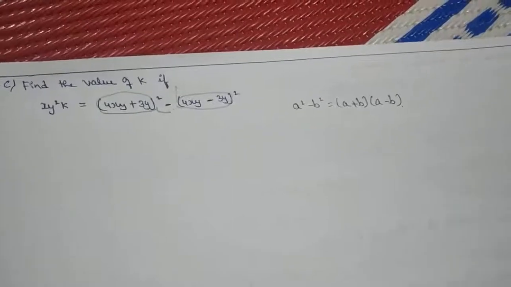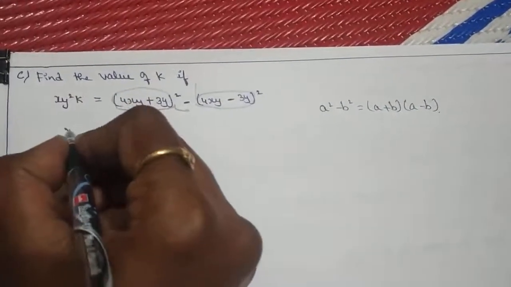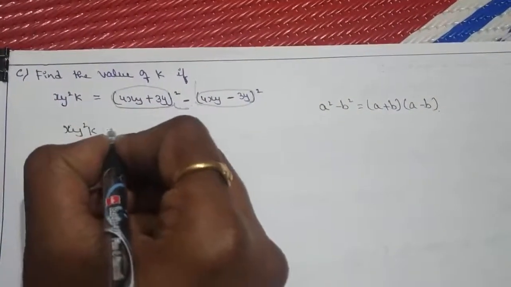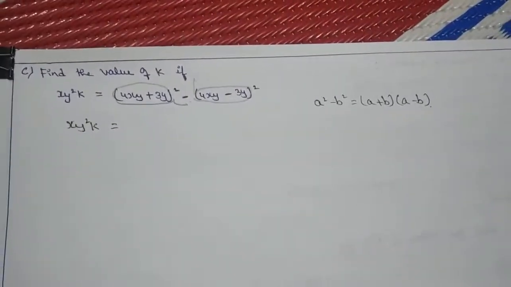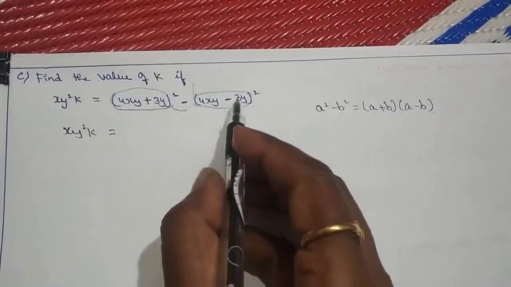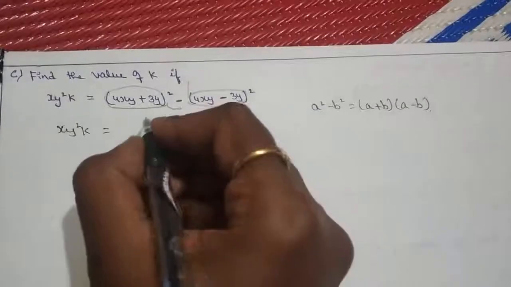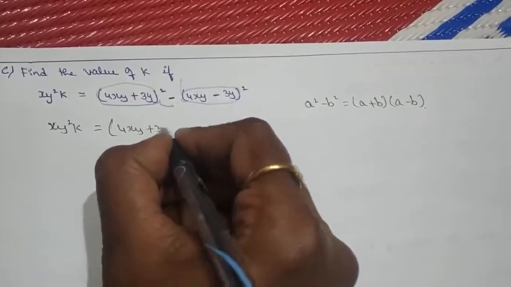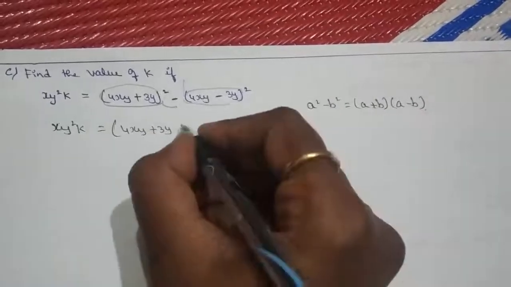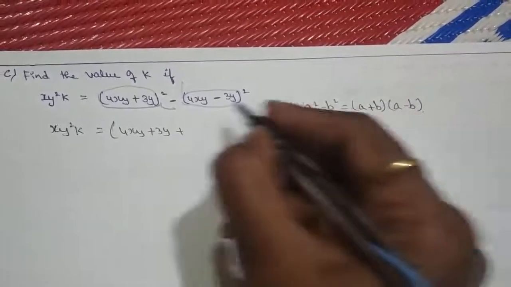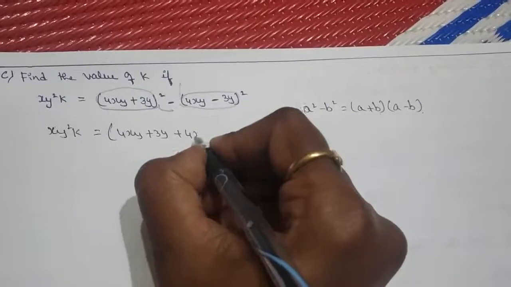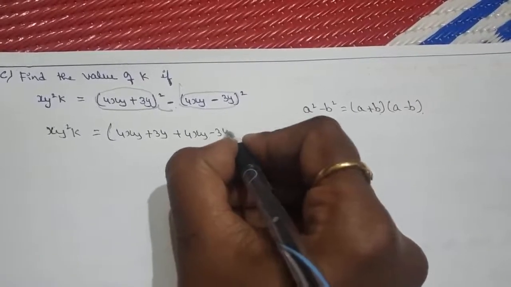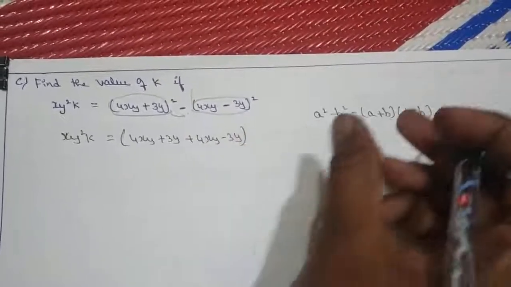Right? So keep the LHS as it is. We'll look after it later. First you solve the RHS. A square minus b square. What is it? The a value is 4xy plus 3y, plus b. B is nothing but 4xy minus 3y. This is the value of a plus b.